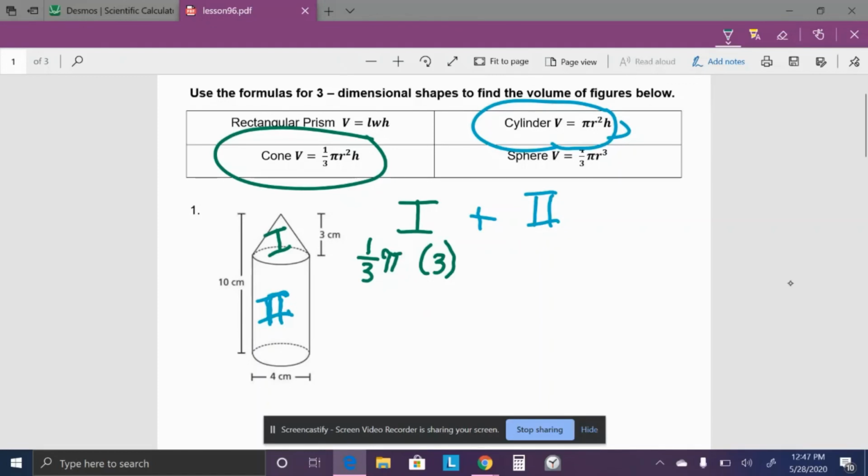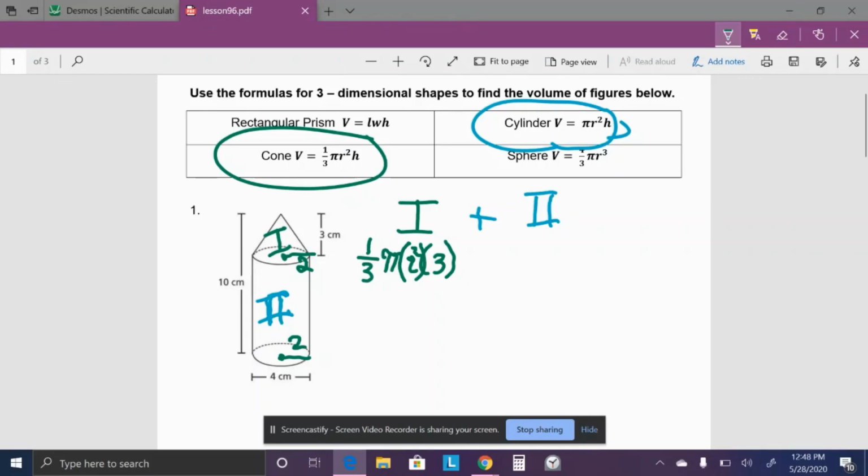So if the diameter is 4, that means this radius here is 2. That means the radius here is also 2, because the radius is half the diameter. So it is 2 squared.